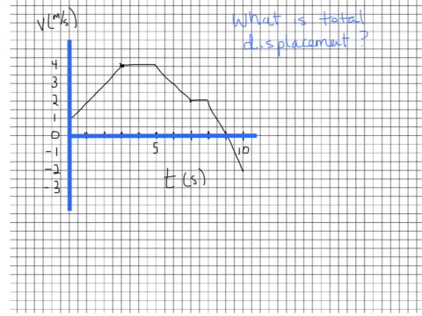Okay, so all of that shape right there would be positive area. That's going to represent positive displacement where we're moving to the right. Okay. But then we have a little bit of negative displacement as well in this little triangle down here beneath the time axis. That is going to be some negative displacement.